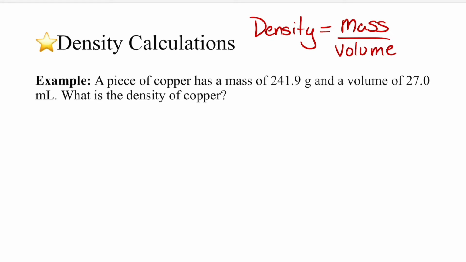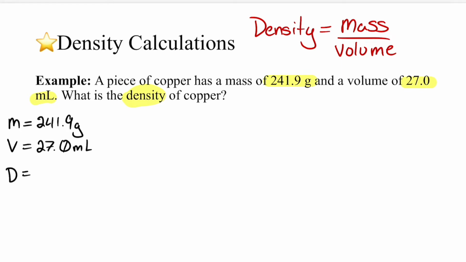Our first example says a piece of copper has a mass of 241.9 grams and a volume of 27.0 milliliters. What is the density of the copper? Well, in this case, our given information is our mass, 241.9 grams, and our volume, 27.0 milliliters.